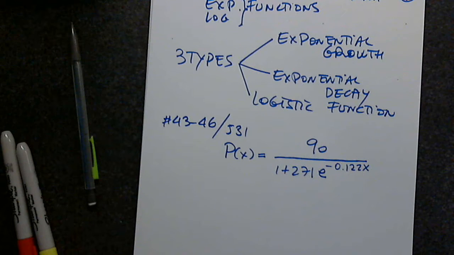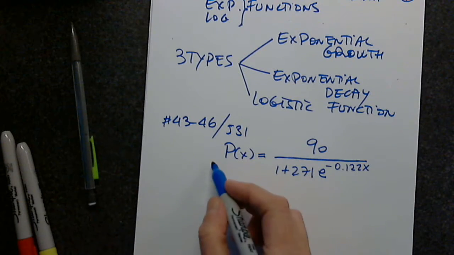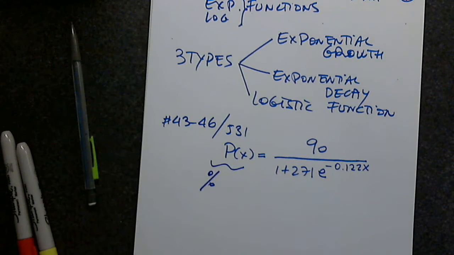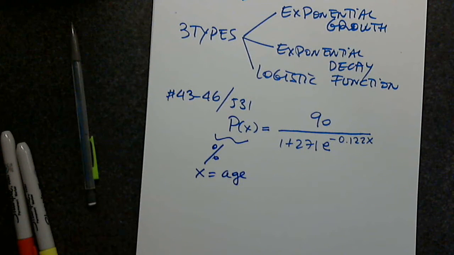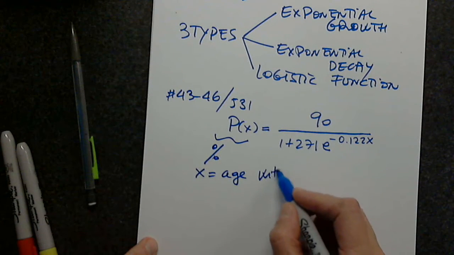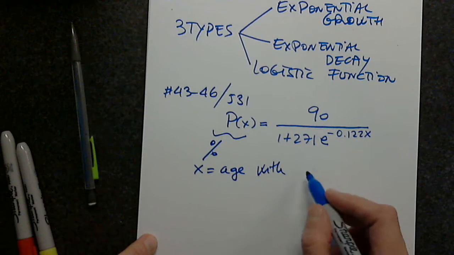Okay, now let's see what they want and what everything represents. It models the percentage P of x of Americans who are x years old, so percentage and x age, with some coronary heart disease, with heart problems.